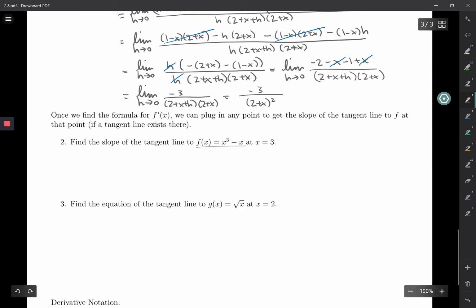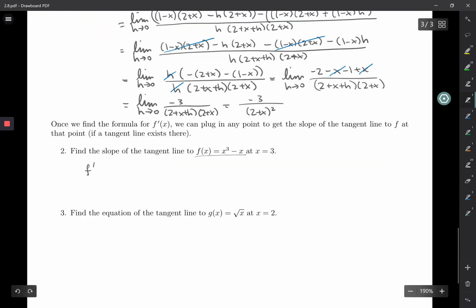So we can write down our answer from there, right? And then if we want to know the slope of the tangent line, all we do is plug in 3. And so now f prime of 3 is equal to 27 minus 1, so 26, right?